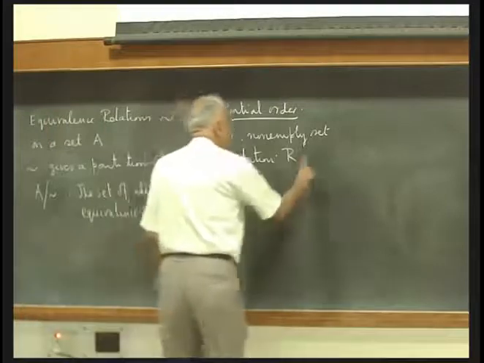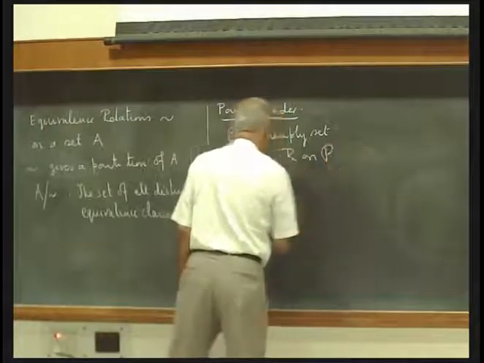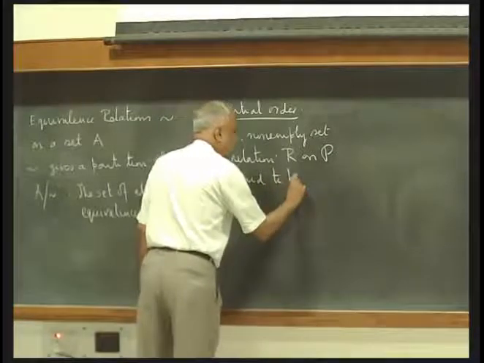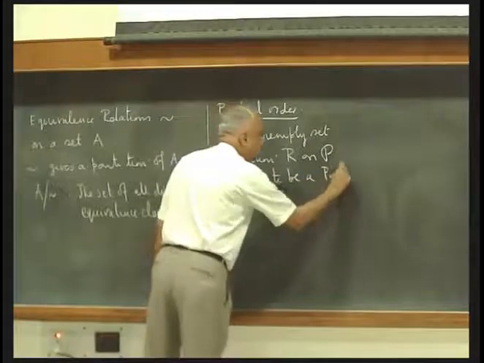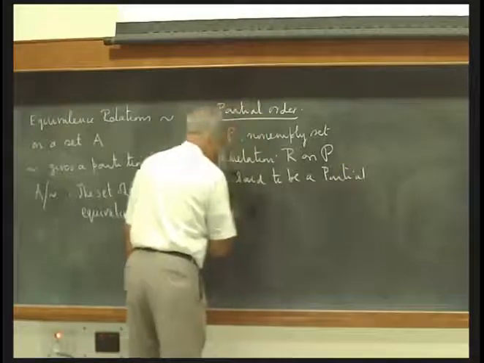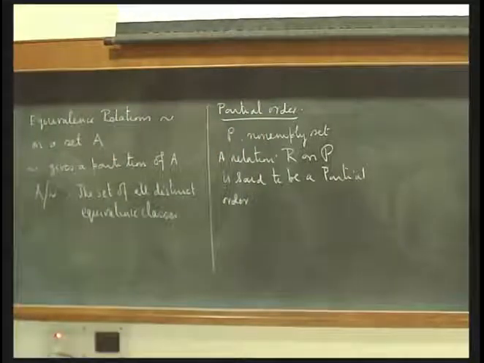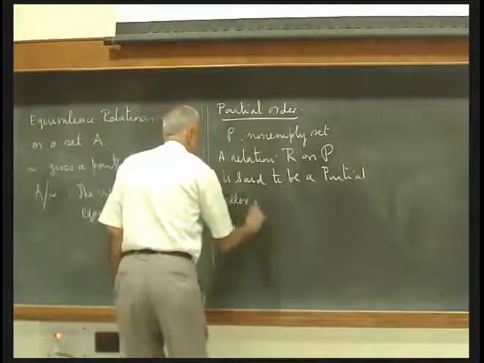A relation R on P is said to be a partial order if the following hold. The equivalence relation and partial order share two properties in common, but one property is the opposite.